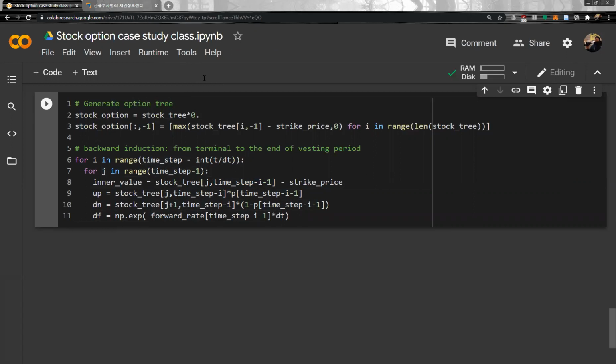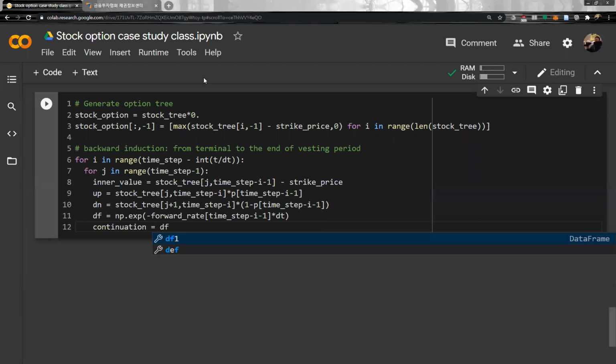So the continuation value is basically the discounted value of up plus down. Let's call it just C. It is the continuation value.